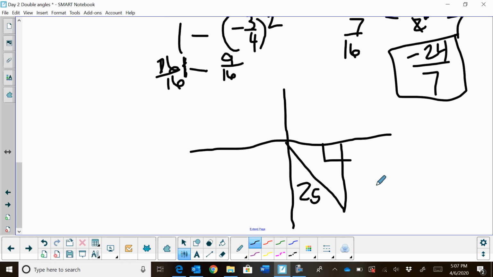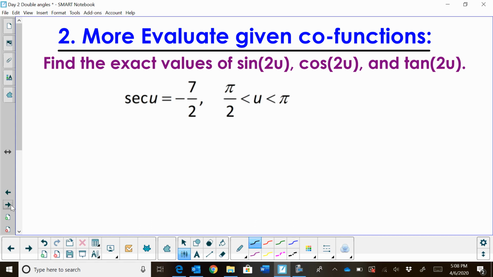The opposite is a negative 24, and the adjacent is 7. So really, this is the triangle we were working with. Isn't that cool? So a 7, 24, 25, if we take half of that, it ends up being a 3, 4, 5 triangle in quadrant 2, which I think is pretty cool.